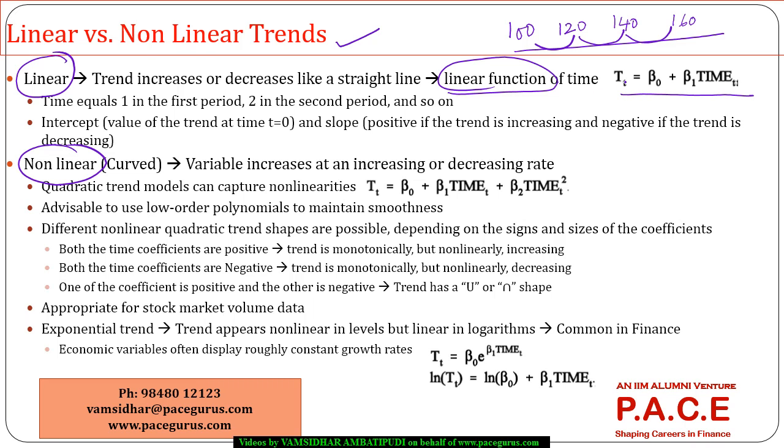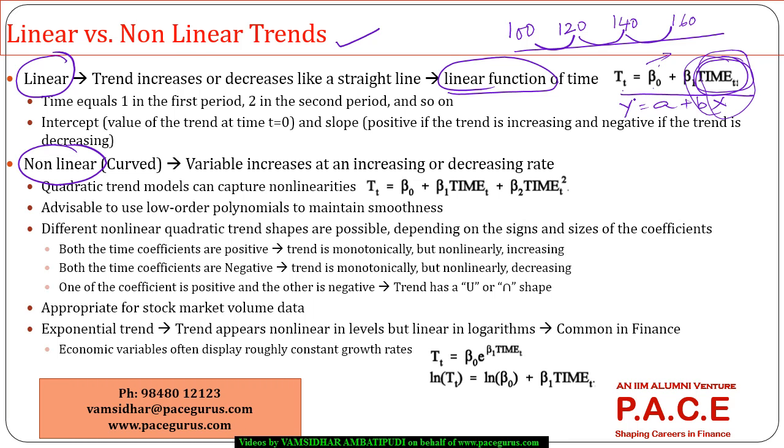Typically I can write the equation as a linear equation, y equal to a plus bx. So here the x for me is the time variable. Beta naught is the intercept, which is like if time is 0, the value is beta naught, which is the value in the first period.